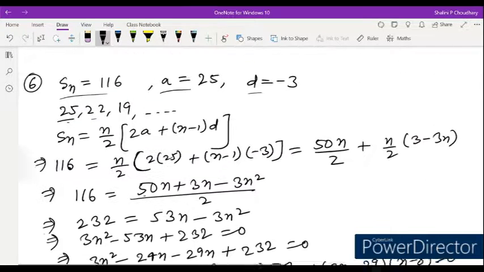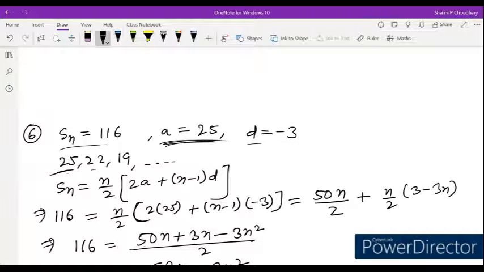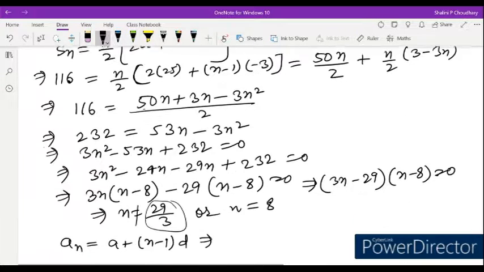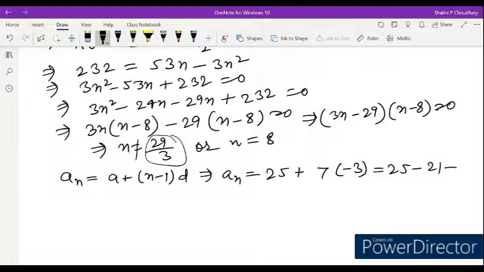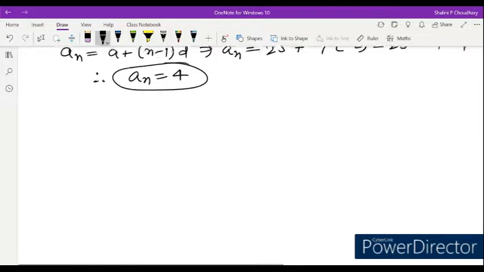The value of a is 25, the value of d is minus 3, and n minus 1 is 8 minus 1, that is 7. So 25 minus 21 will be 4. So the value of an, the last term, will be equal to 4. This was question number 6.